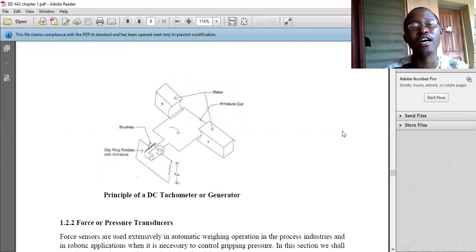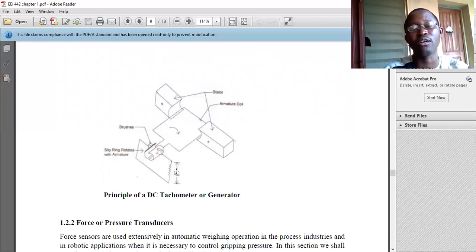Then you have a coil of wound wire that is able to rotate, and that is regarded as the armature. This is the coil armature. At the end of the coil, we have carbon brushes, and then we have a slip ring that rotates with the armature.